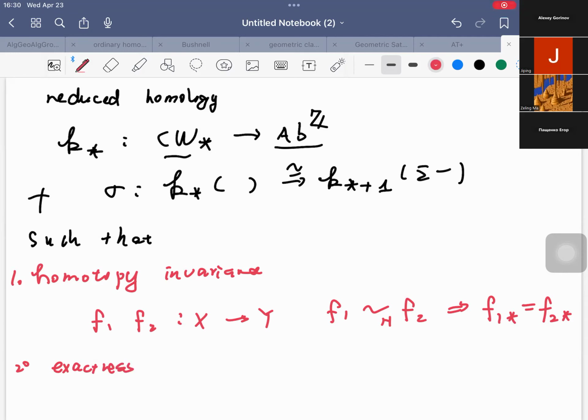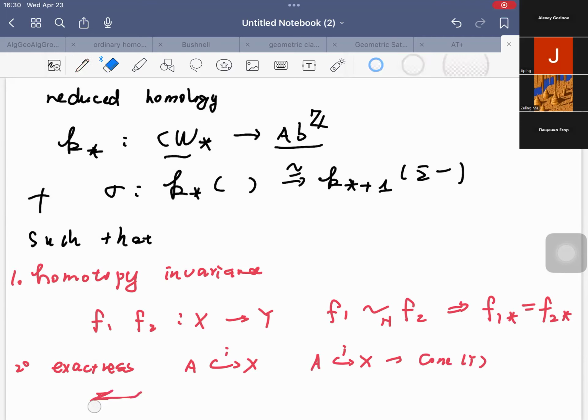If we have a fibration, then you will get the induced maps, and you will get an exact sequence.